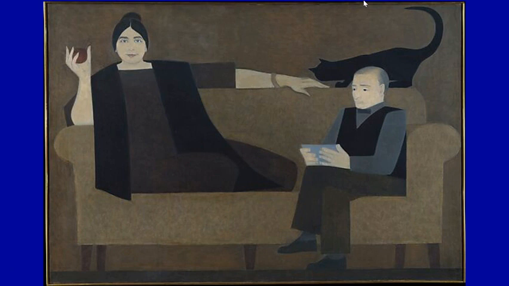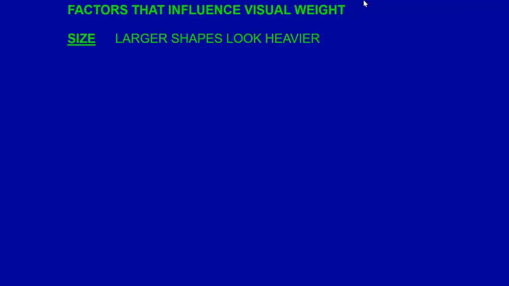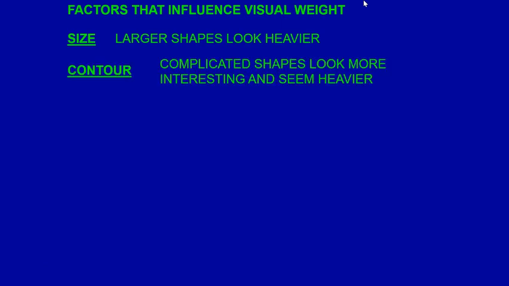But I see that very rarely in the first semester. In the second semester, we'll see it a lot more, but in this first semester, there are very few artworks that have this type of balance. So here are some factors that influence visual weight. Larger shapes look heavier, so that woman should have grabbed our attention first because she was larger.